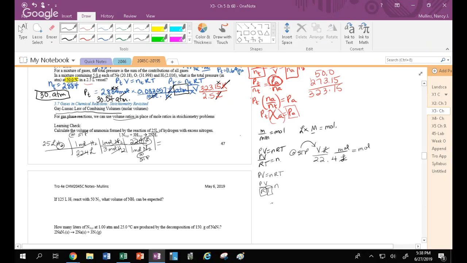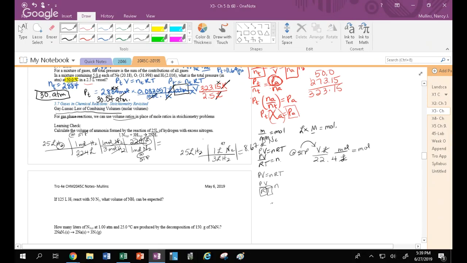So in answering the question, I could have just said, if I have 25 liters of hydrogen, for every 3 liters of hydrogen, I'm going to get 1 liter of nitrogen, 8.67 or something liters of nitrogen. Or I could have gone to moles and moles to moles and done it in 3 steps.